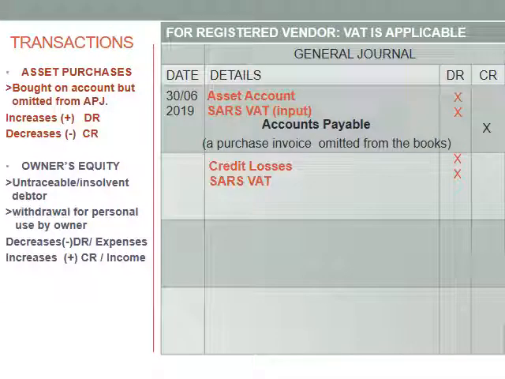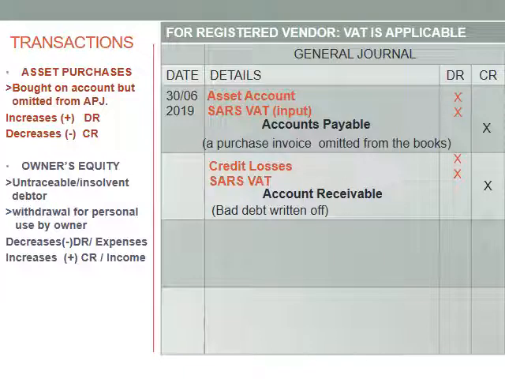The credit loss account will then be debited as an expense with the amount excluding VAT. The VAT calculated on the credit loss will be debited to the SARS VAT account. The accounts receivable will be credited with the amount including VAT. The narration will be: bad debt written off.